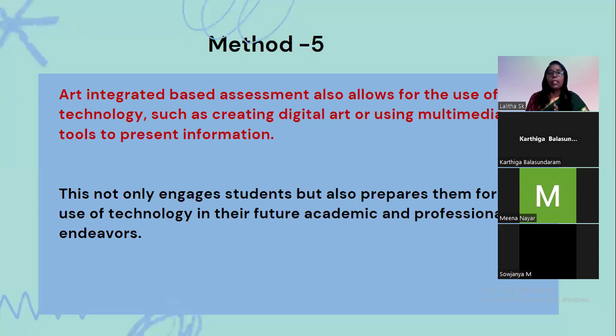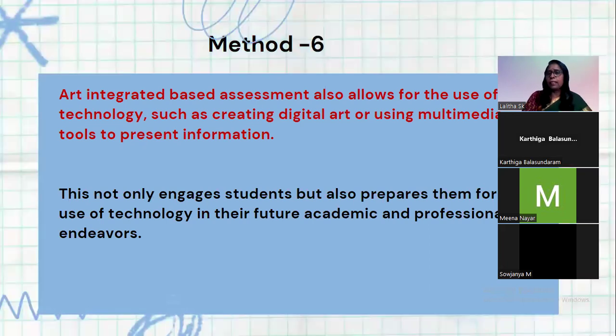So we are not confined to reading and writing as traditional method. I am giving you inputs for different types of methods you can use for art integrated assessments. The sixth method, art based assessments, also allows you.